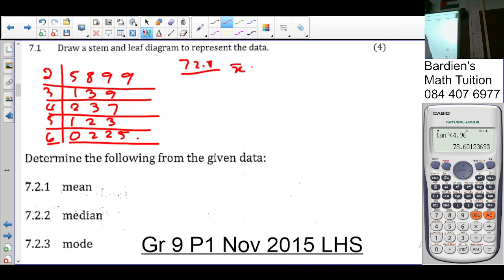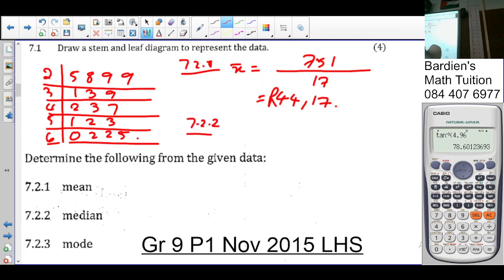So your mean, you're going to take up all those numbers here and you're going to divide it by 17. 751. You got 751? Yes. You must take out all these numbers and you add it up. Okay? And this gives us an answer, 44,17 rands.